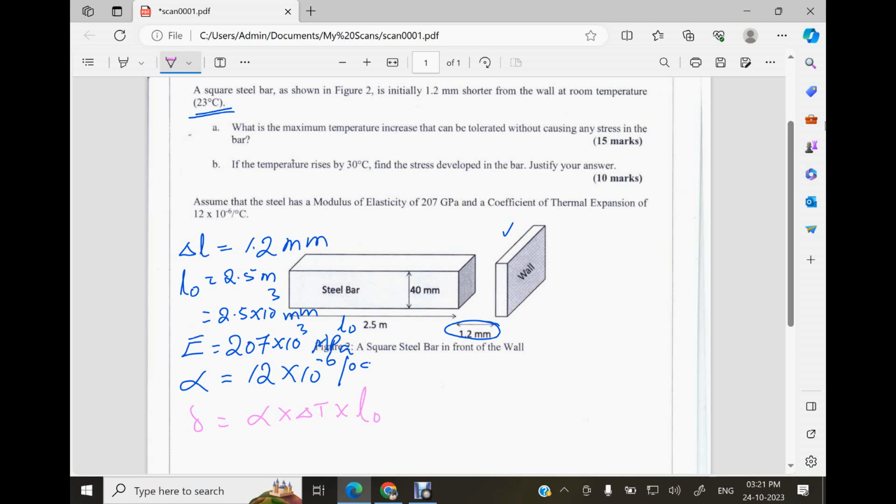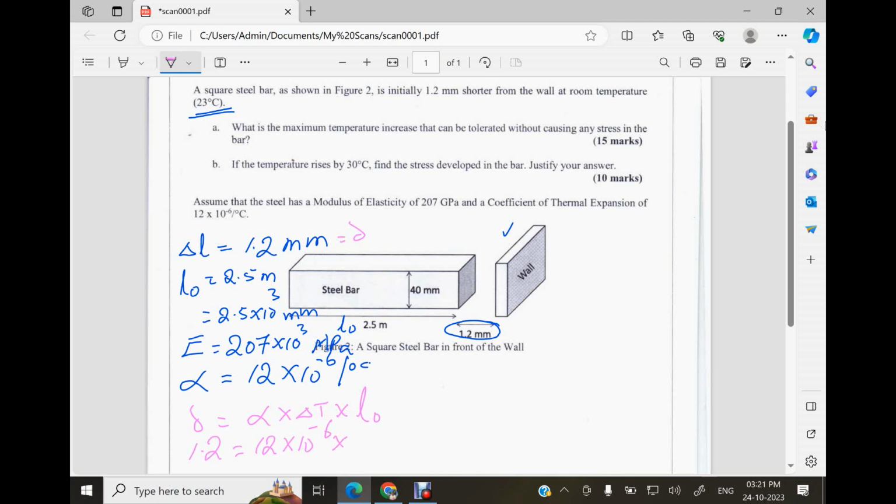Correct? So this delta L is given as 1.2 millimeter. So I can write 1.2 is equal to alpha, 12 into 10 to the power of -6, multiplied by delta T.